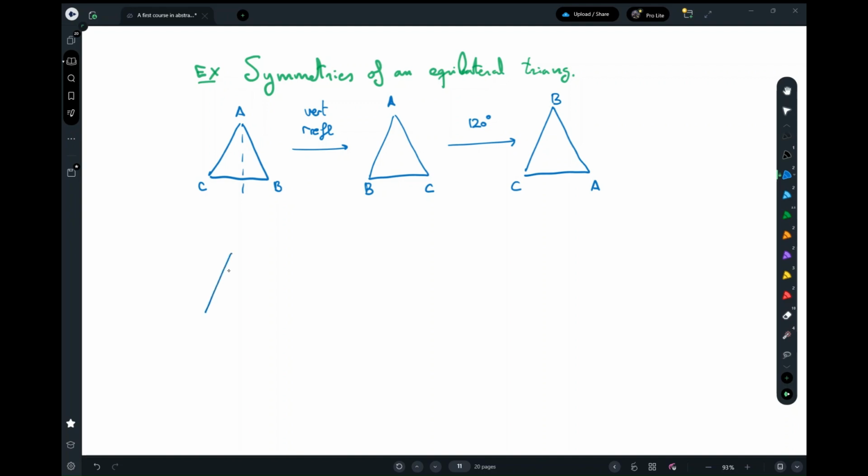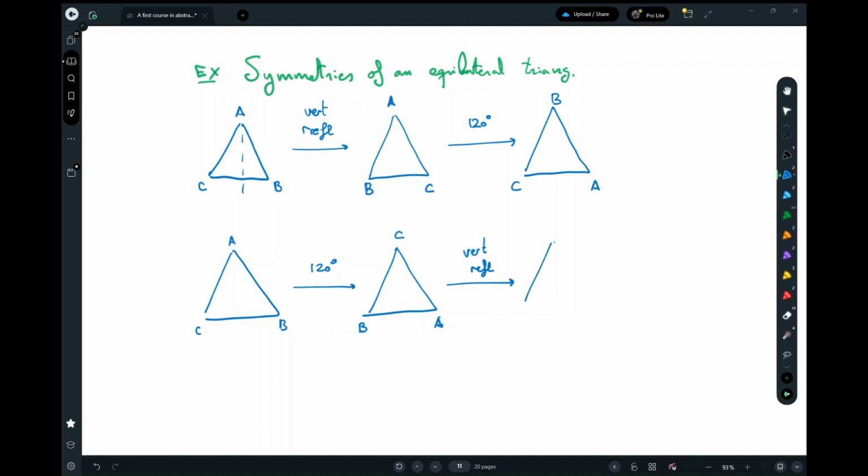Let's try again, do the combination of those operations, but in the opposite order. So I'm going to start with A, B, C, and then first do a 120-degree rotation so that I have A and B and C. And then I'm going to do a vertical reflection.